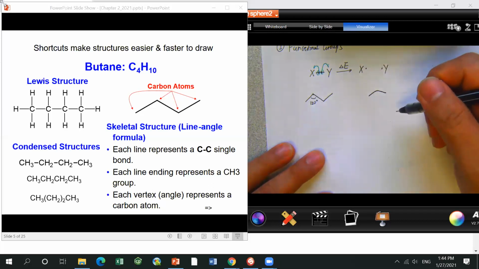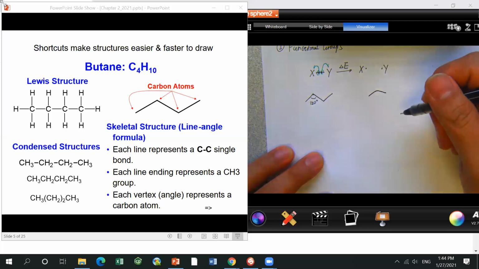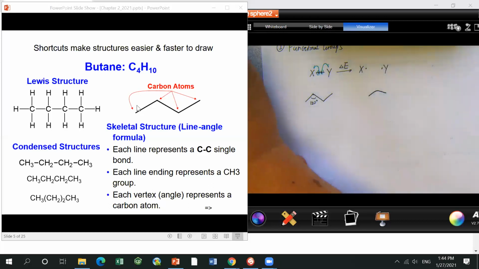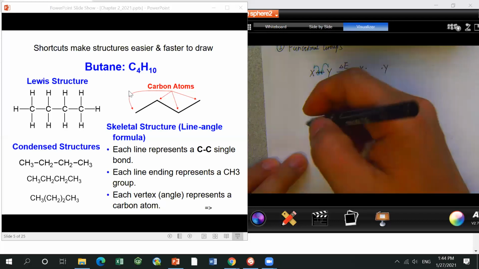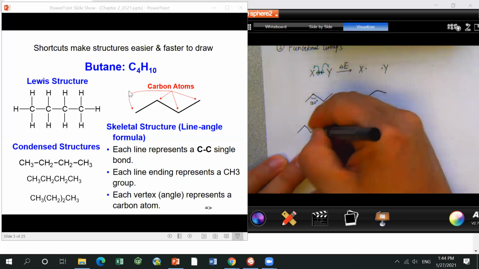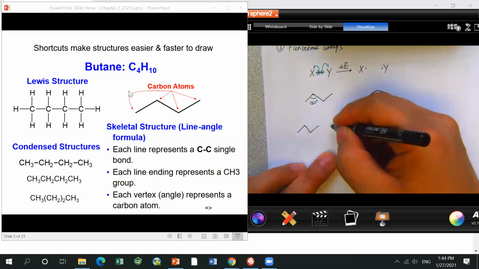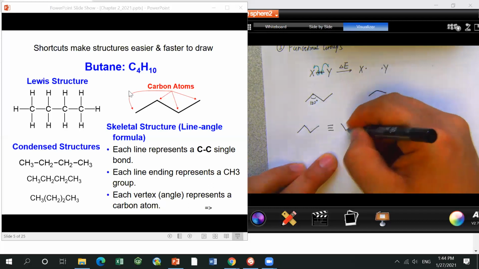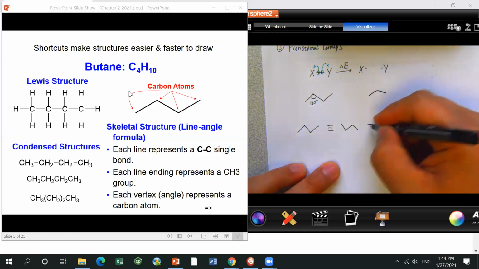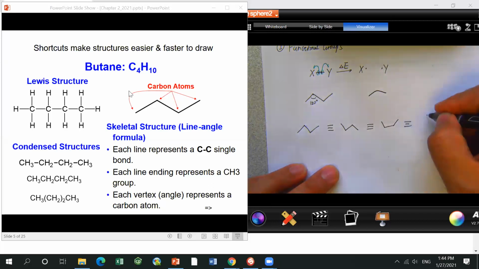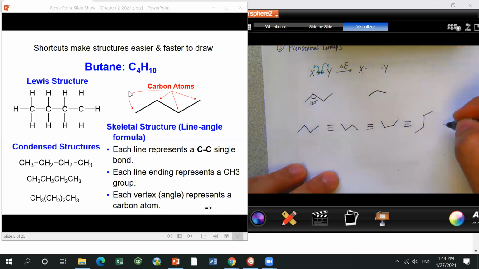Another thing some students ask: if you show this line angle structure with the first carbon going down, can I show it going up? The answer is yes. Line angle structures are very flexible. You can draw butane like this, like this, or even like this, and you can put it vertical or another way.